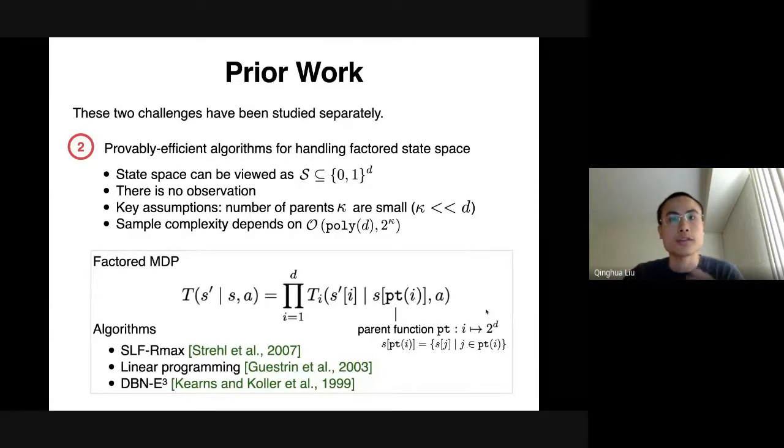In order to avoid this 2^D dependence, we have to impose more structure on the underlying graph. By making this assumption, we can make the sample complexity only depend exponentially on the number of parents, kappa, instead of the ambient dimension D.